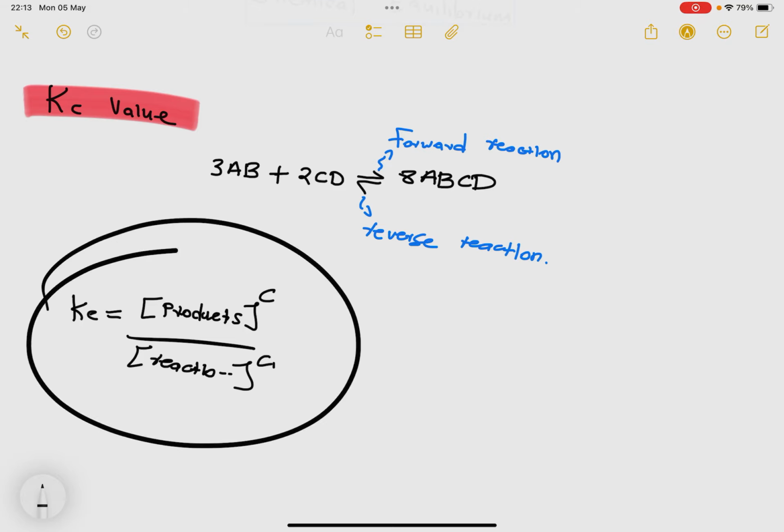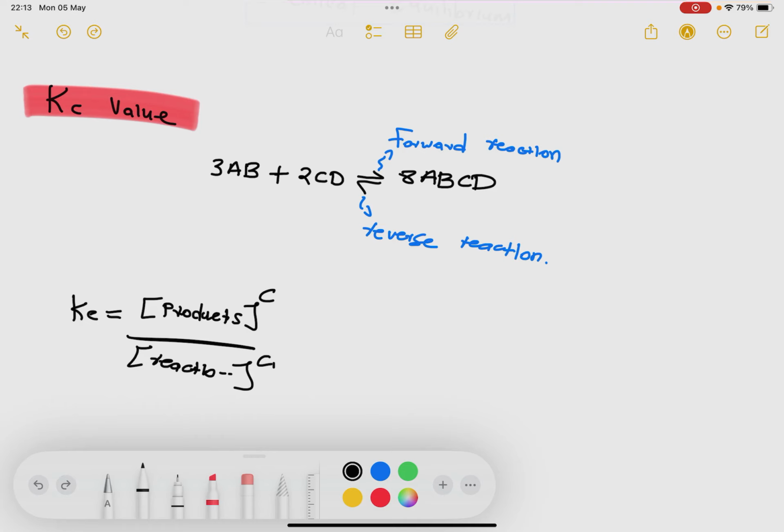So what does this mean? It means that Kc is calculated by the concentration of the product raised to the coefficient of that product divided by the concentration of the reactants raised to the coefficient of those reactants.